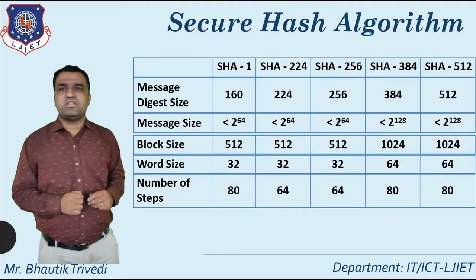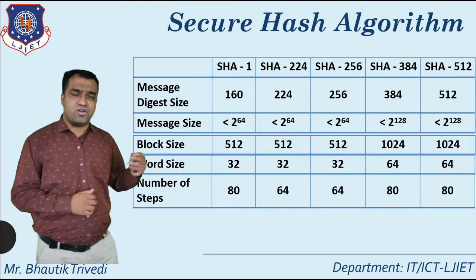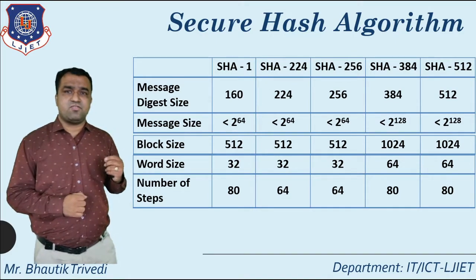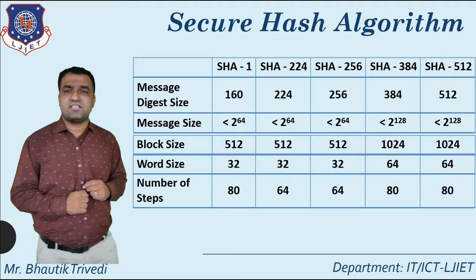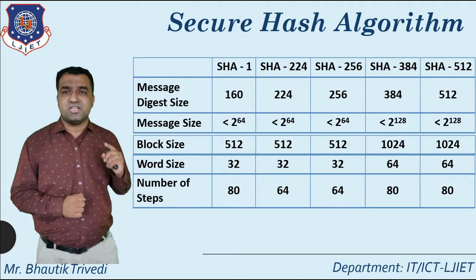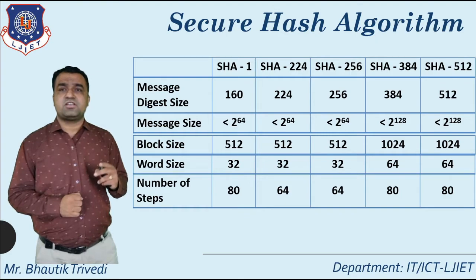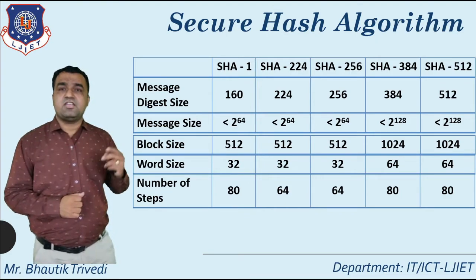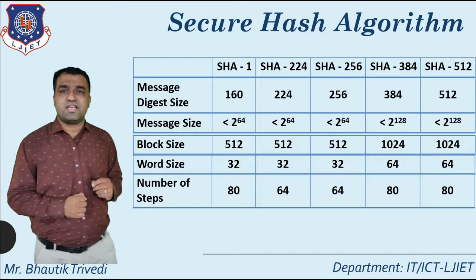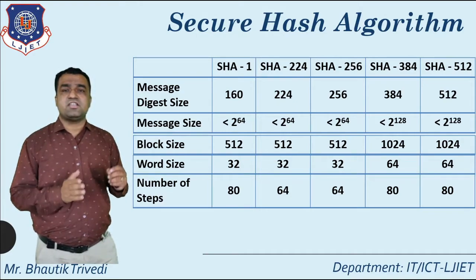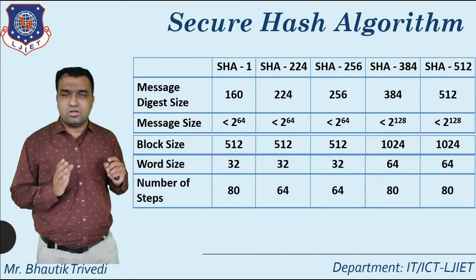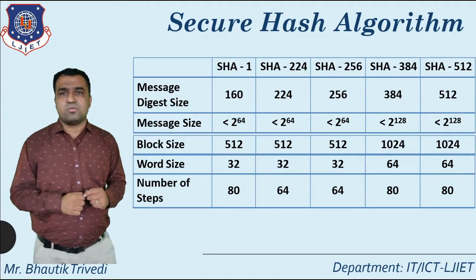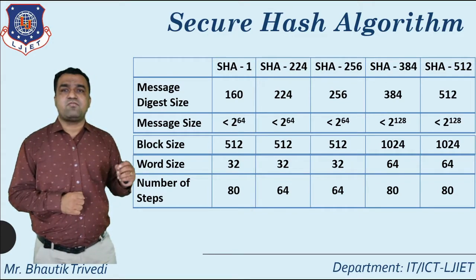If you talk about SHA1, SHA1 supports a message digest size of 160. And if you talk about the message size of SHA1, that is less than 2 raised to 64. The block size of SHA1 is 512 bits.